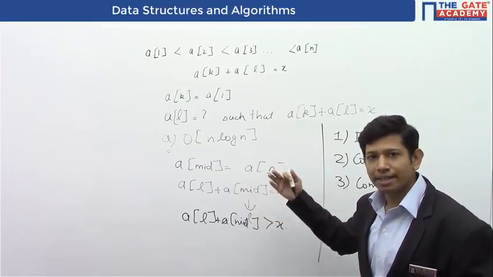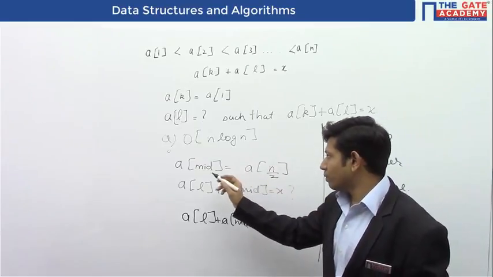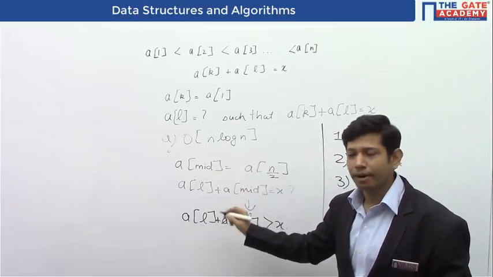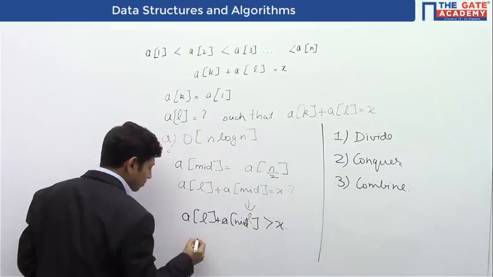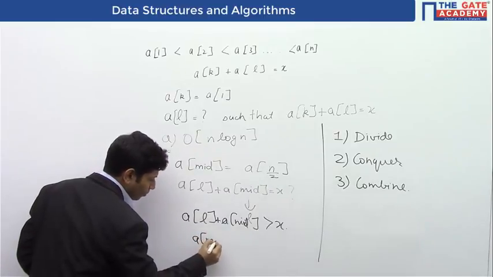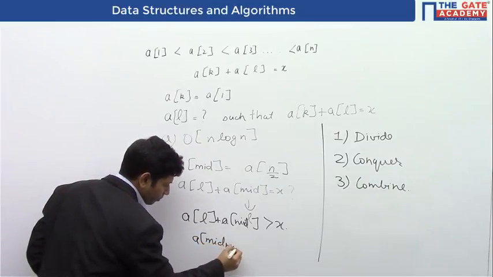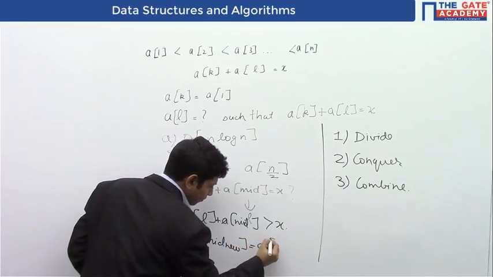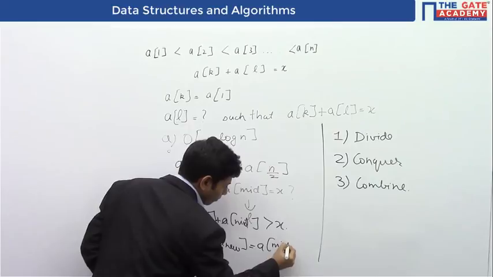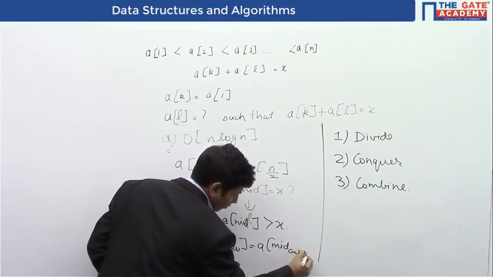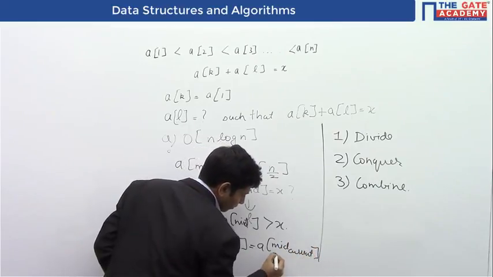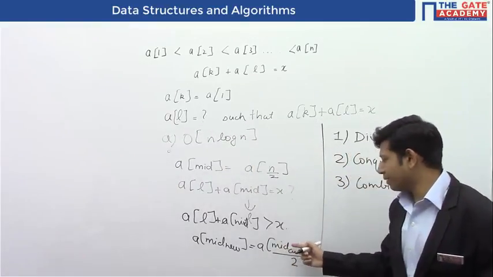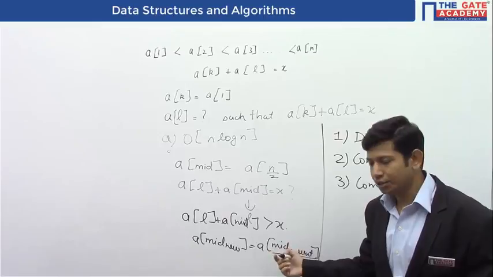Earlier we had done mid as a of n by 2. Now again we will apply this recursively. So here the new mid will be the current mid divided by 2. So this is the current mid, and when we divide it by 2, we will obtain the new mid.